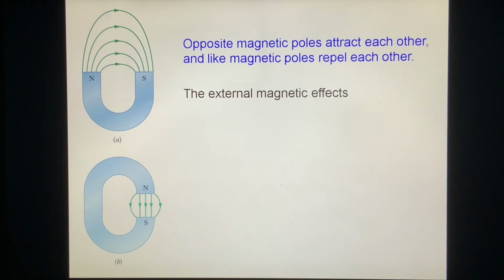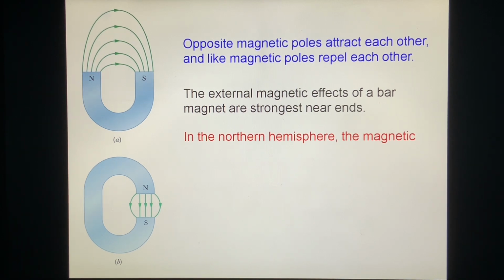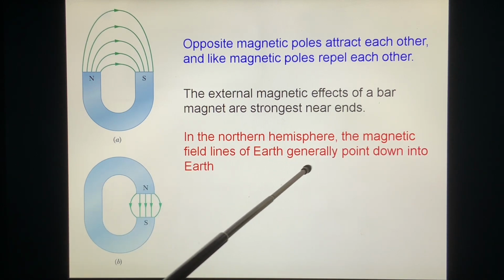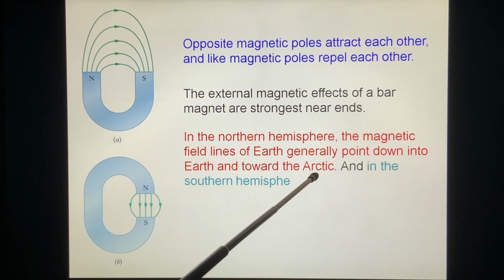The external magnetic effects of a bar magnet are strongest near the ends. This is stronger, see, the lines are closer. In the northern hemisphere, the magnetic field lines generally point down into Earth and towards the Arctic.